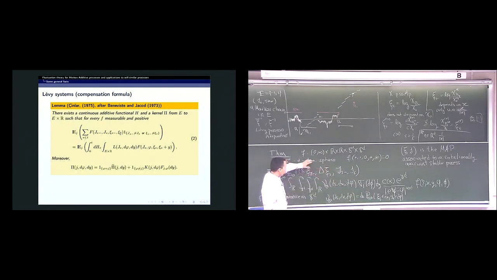So if I take a function that just depends on the jump and these two, then I will get something similar to what I did in the one-dimensional case. But here I keep track of the position from where I am jumping and where I'm landing, because I'm working on the sphere.